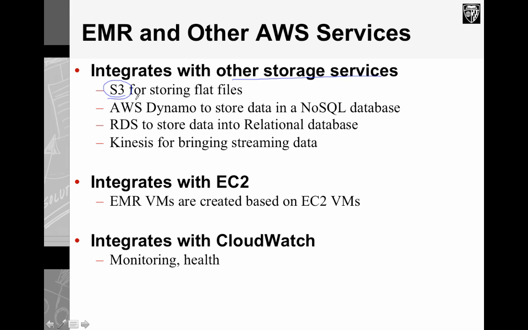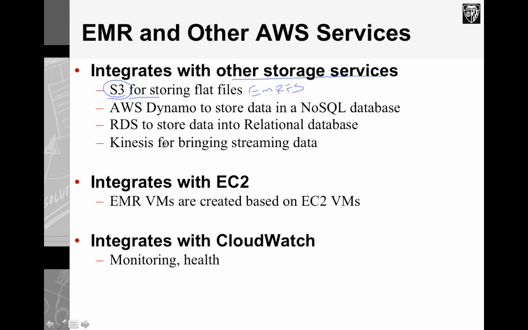The basic idea there is that you bring in all the data and store it in S3, and then whenever you want to process it, you launch a cluster, load the data into the cluster, process it, and then put the results back into S3. So there is nice integration between EMR and S3. It's called EMRFS, the EMR file system interface. And I'm going to show you how they do that in one of the examples.